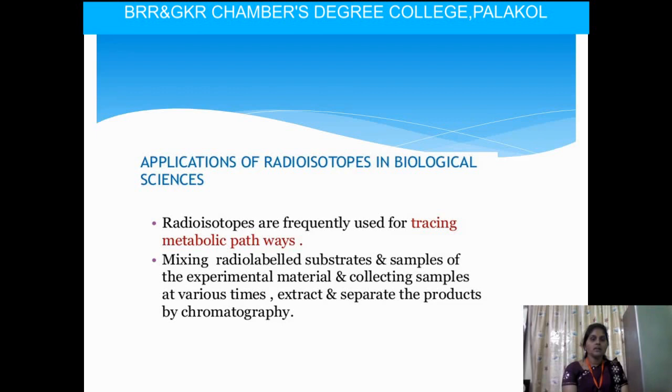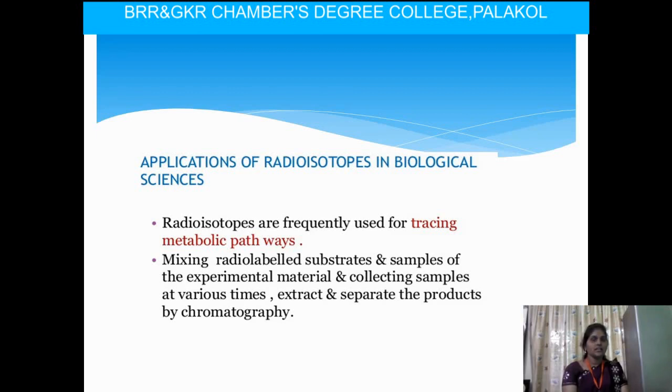When some of the components are mixed with radiolabeled substances or substrates, the sample of the experimental material is collected at various time intervals. If we want to assess whether some enzyme is working in our body or not, the radiolabeled isotope is attached to that enzyme and inserted into the organism, like animals.